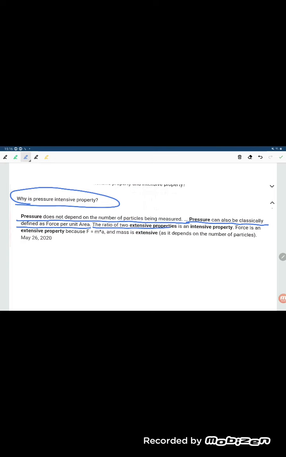The ratio of two extensive properties is an intensive property. Force is an extensive property, because F is equal to M into A. Both are extensive properties, and mass is extensive as it depends on the number of particles. So the ratio of two extensive properties should be what?